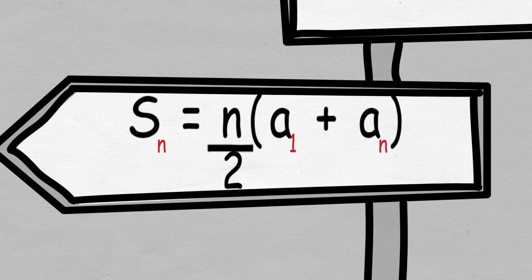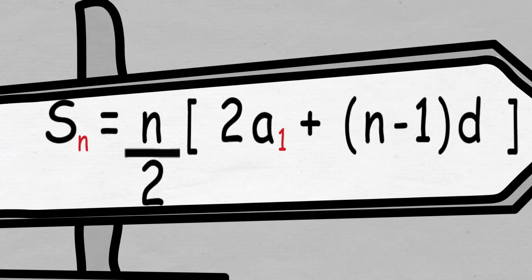So now we have S sub N, which is our sum of terms, is equal to N over 2, where N here refers to our number of terms, to be multiplied by the sum of our first term and our last term. As you can see, A sub 1 here is our first term and A sub N is our last term.